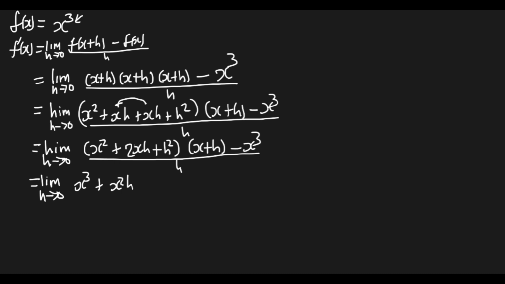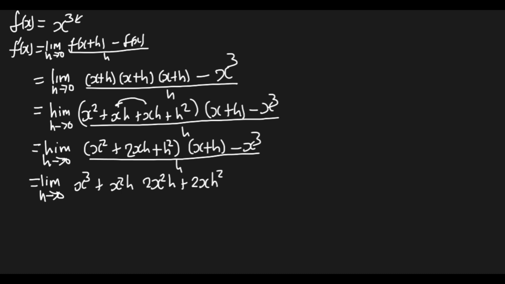Then we move on to 2xh times this will give us 2x squared h plus 2xh plus h will give us 2xh squared.